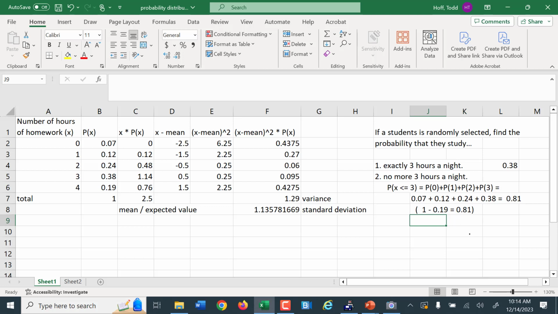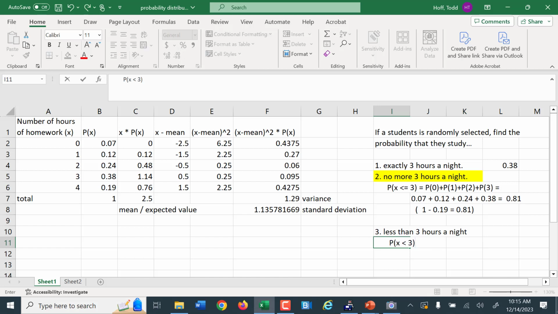But what I really want to point out now is the difference between what we just did there, probability of no more than 3 hours a night, and the probability of less than 3 hours a night. So this is slightly different. This is the probability that x is strictly less than 3. And the difference here is this does not include the 3. So this is just probability of 0 plus probability of 1 plus probability of 2 without the 3 included.